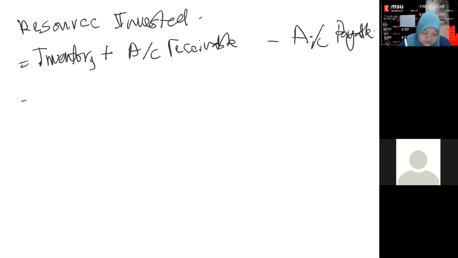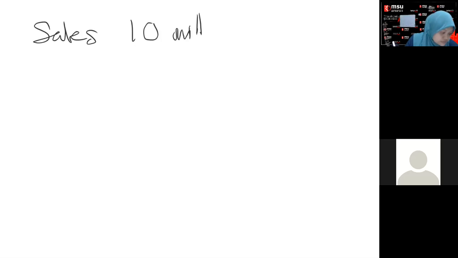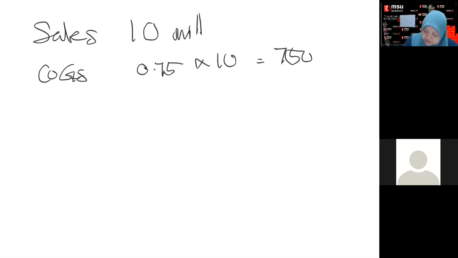For example, the inventory. It tells you that the inventory is 75%. Okay, let us calculate first. Sales is 10 million. Cost of goods sold is 75% of sales, so it is 750,000.